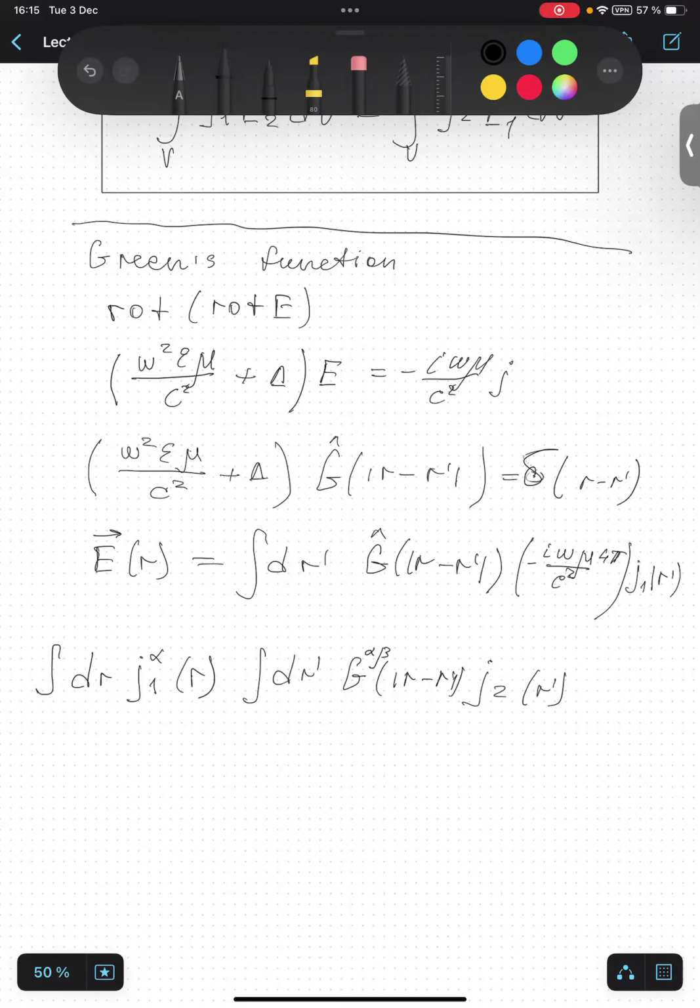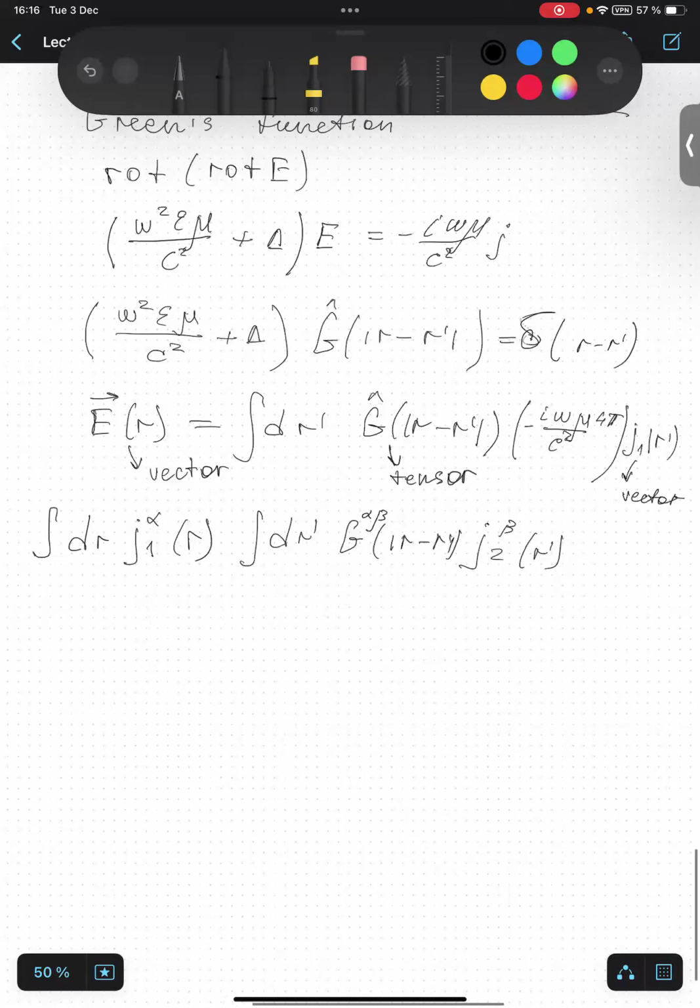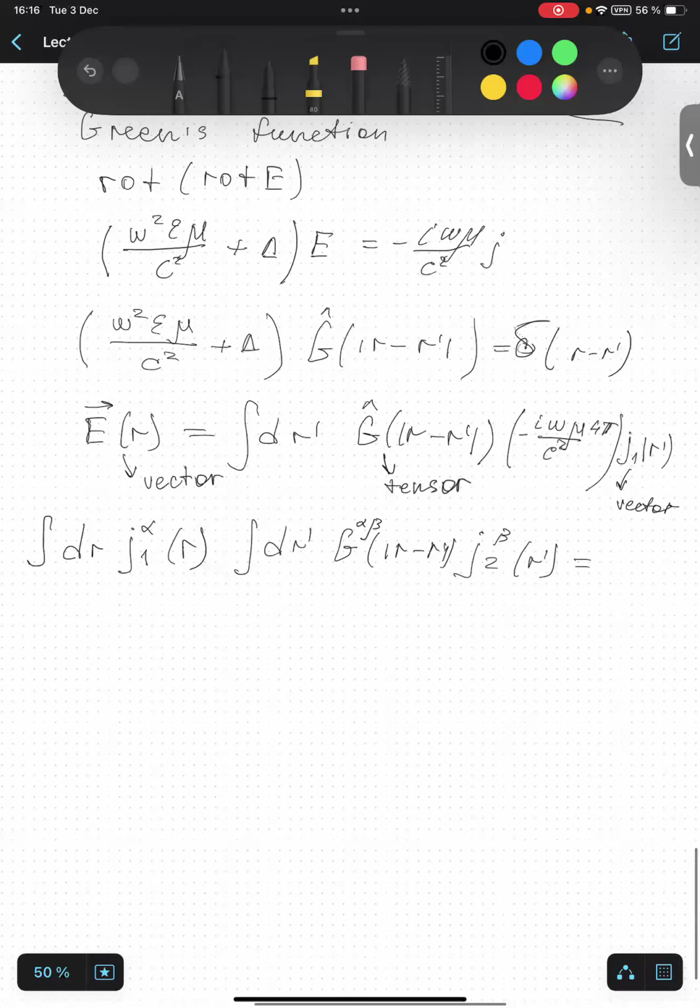So it will be alpha and here beta. Why? Because here it's just a vector, and this one is also a vector. So our Green's function is a tensor. We have two sources and the Green's function tensor. It is the left-hand side.